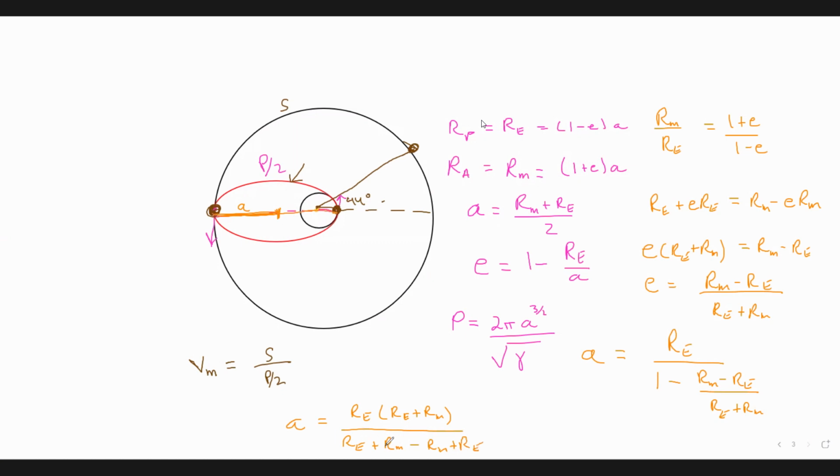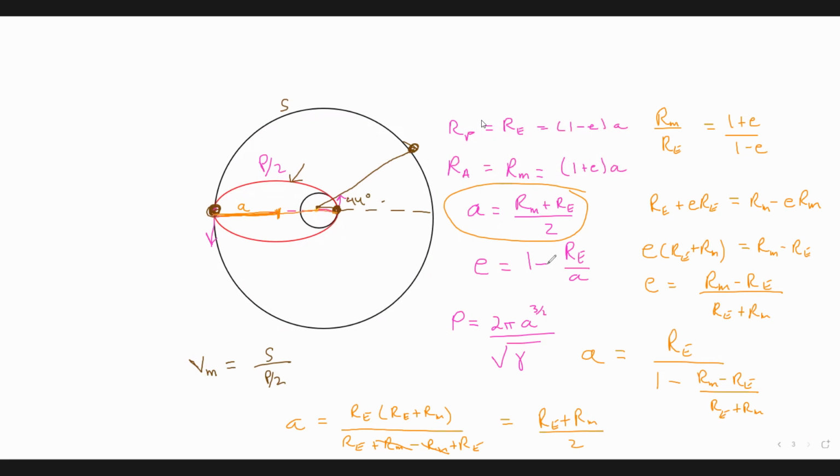Okay, I did this in my head, but did you see how I multiplied top and bottom by this term, Re plus Rm? Well, look, the Rms cancel. The Re's cancel, except there's 2 times Re. So this becomes R Earth plus R Mars over 2. So I just showed you where this formula came from. That's just the solution of these two equations for A. And knowing that, we can solve for E.